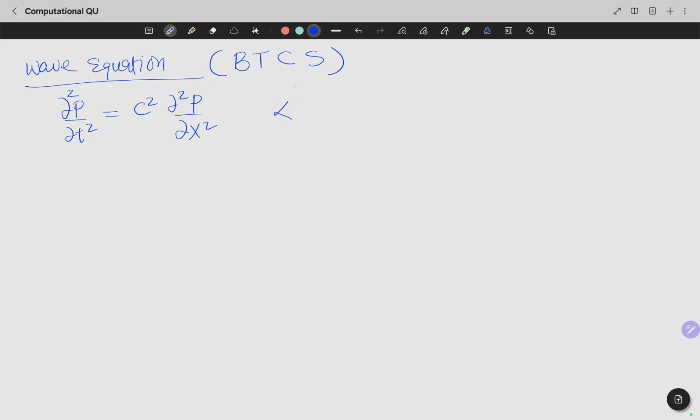Let's solve this for x element of 0 to L and t greater than 0.